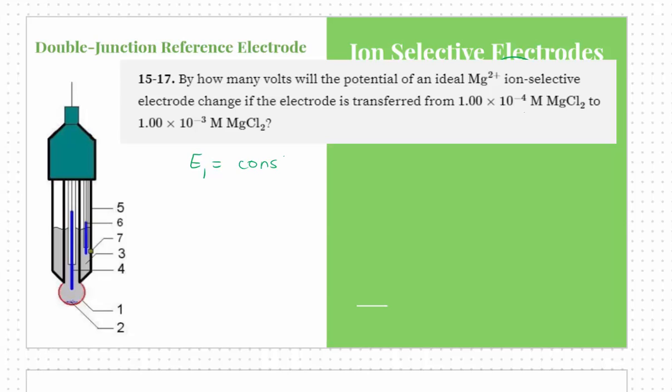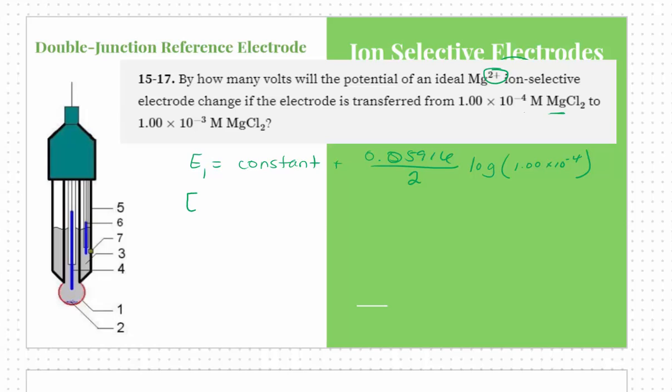It's going to be equal to some constant that I don't know yet, plus 0.05916, the same constant we've been using so far, divided by n, the total number of electrons transferred, and that is 2, because that's how we get our 2 plus. We transfer 2 electrons. And we're going to multiply that by the log of the concentration of our analyte of interest. We're going to start with this one.